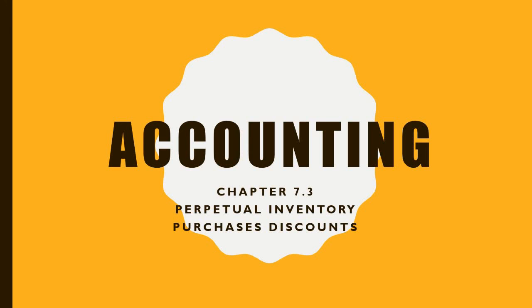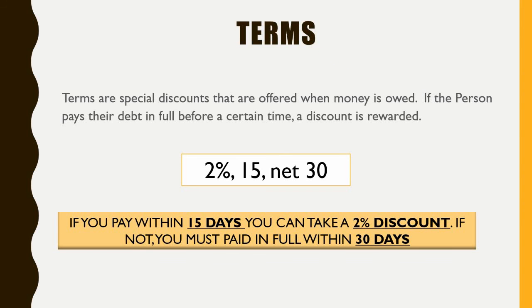So of course, if you can purchase items and you can return items, you can also record purchase discounts. Oftentimes, vendors will give you some incentives when you buy in bulk on account, which means you owe them close to maybe thousands of dollars.